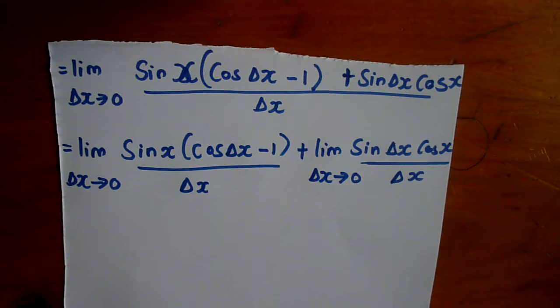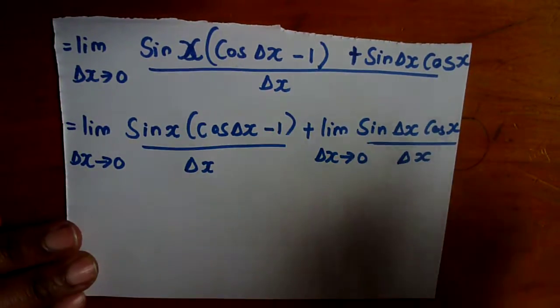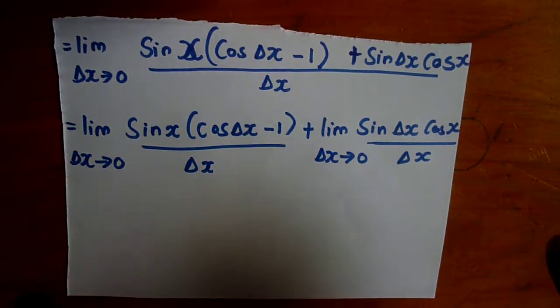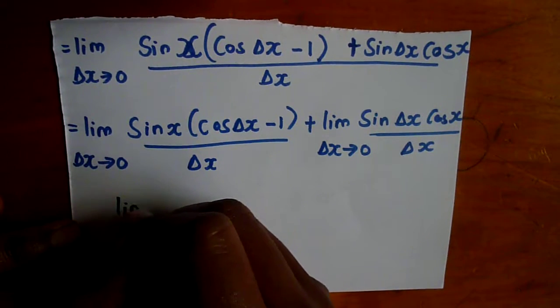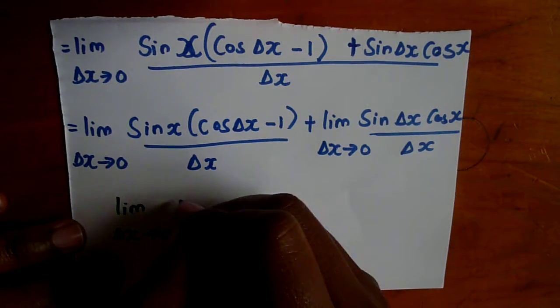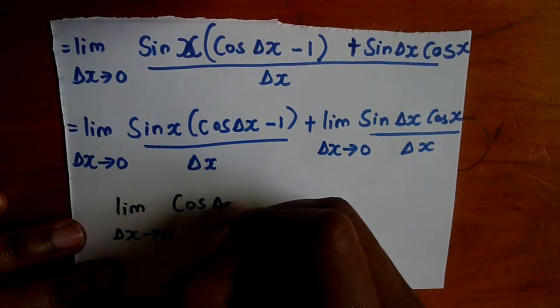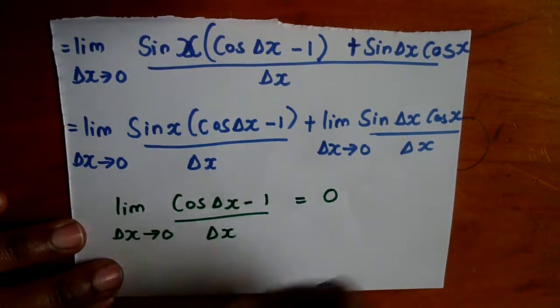Okay, the next part is where I had asked you to at least know something about limits, but do not worry if you don't, because you will see another video on limits. So the limit as change in x tends to 0 of cos change in x minus 1 all over change in x is 0.